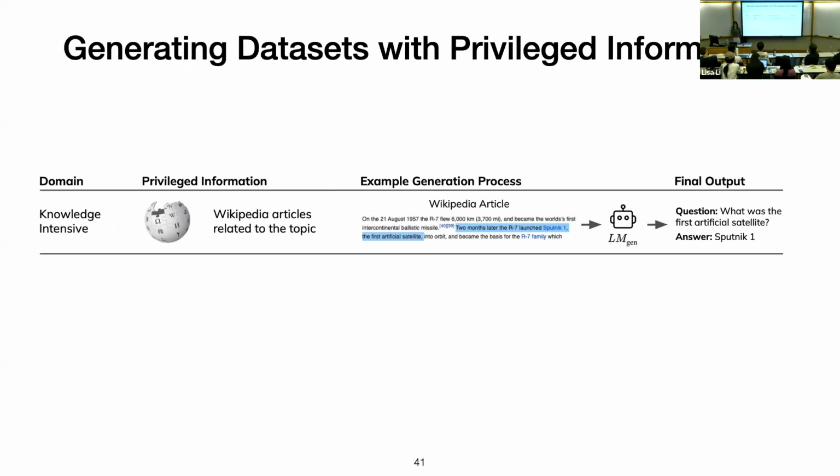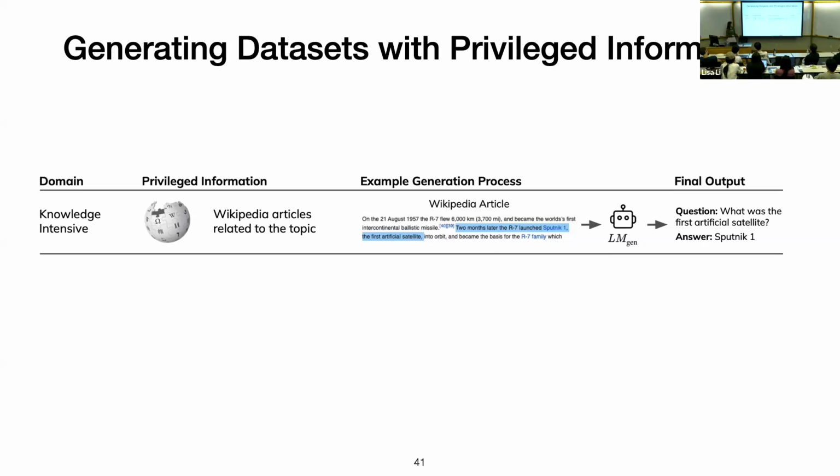To address these problems of easy questions and potentially incorrect answers, we augment AutoBencher with privileged information. We call it privileged information because it's only accessible to the question generation model, which generates the QA pairs, and the same information is not accessible to the test taker models.